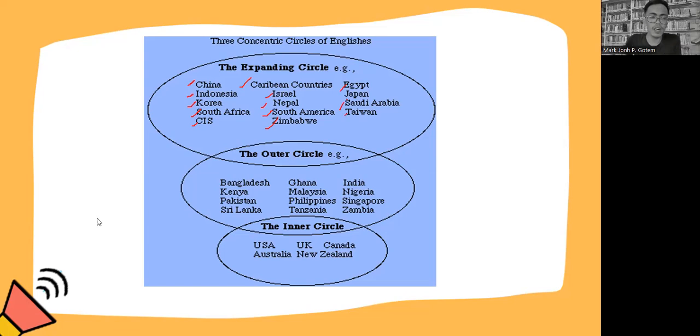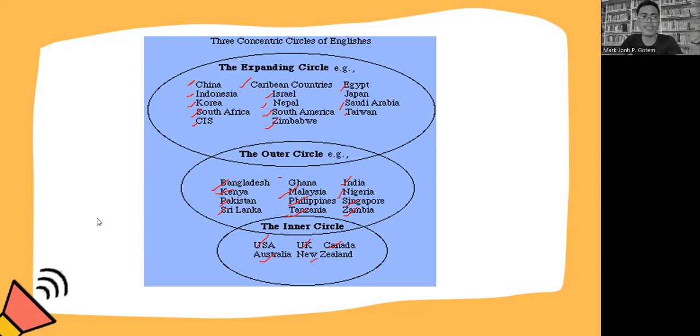The countries that belong to the outer circle: Bangladesh, Kenya, Pakistan, Sri Lanka, Ghana, Malaysia, Philippines, Tanzania, India, Nigeria, Singapore, Zambia. And the countries that belong to the inner circle: the USA, the United Kingdom, Canada, Australia, and New Zealand.